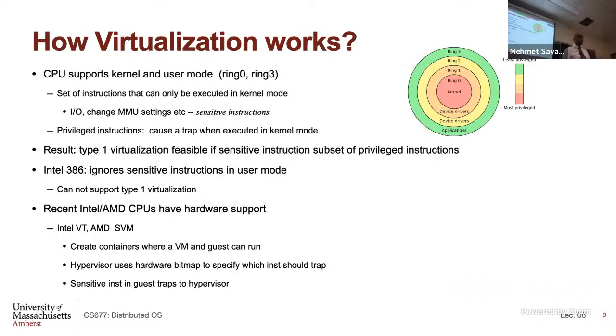All right. So before we talk about various kinds of type 1 hypervisor, here are some high-level ideas of how all of this works. We'll start with type 1 first, then we'll get to type 2. I'm going to get into a little bit of computer architecture here for you to understand how type 1 virtualization is even implemented.